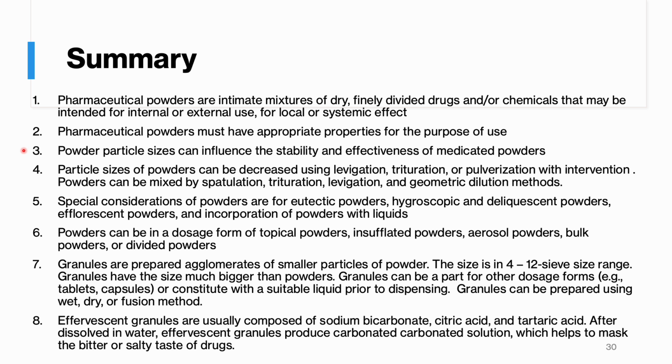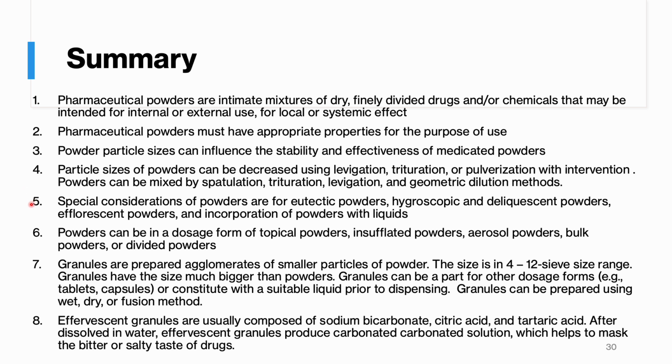Powder particle sizes can influence the stability and effectiveness of medicated powders. Particle sizes of powders can be decreased using levigation, trituration, or pulverization by intervention methods. Powders can be mixed by spatulation, trituration, levigation, and geometric dilution methods.